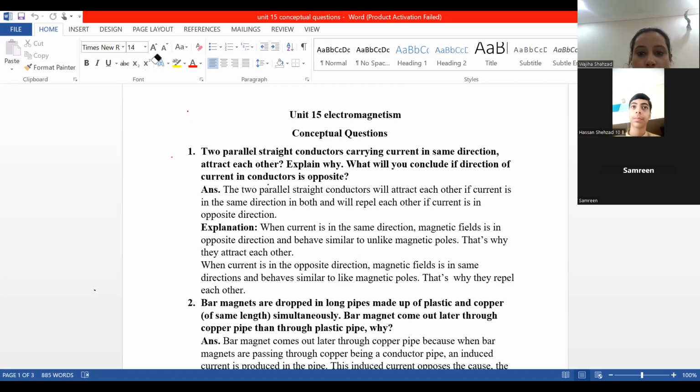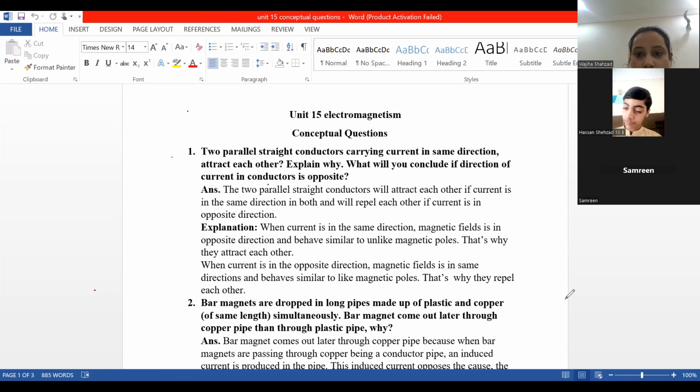So when the magnetic field is in opposite direction, it means that these two conductors will attract each other.